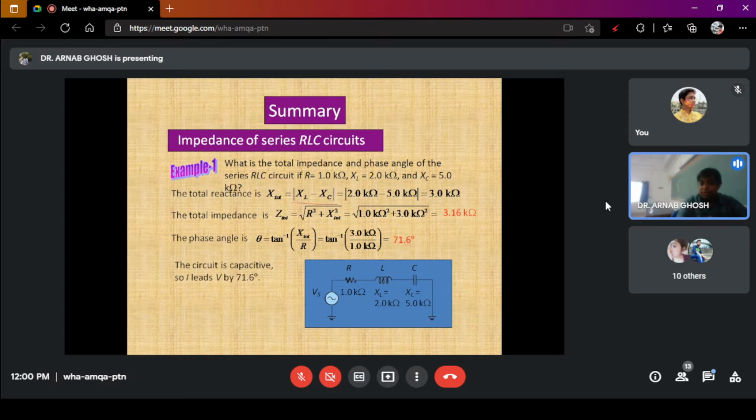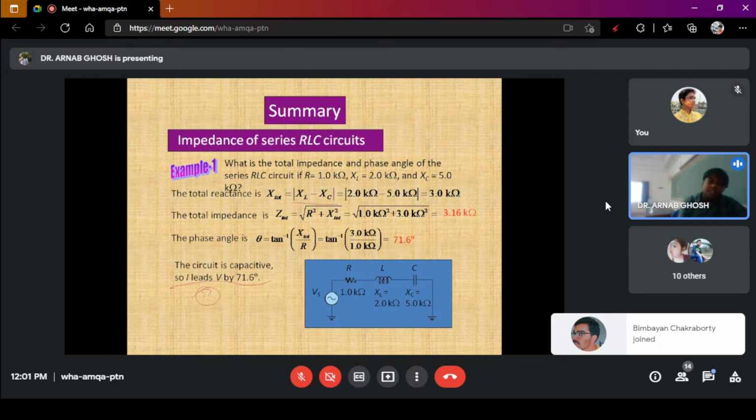So as you can see, the important part is here. Xc was greater than XL. When you are given the problems, you have to comment on the nature of the circuit as well.